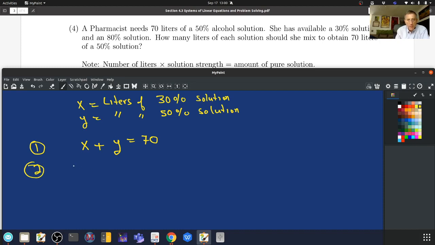So that gives me 30 divided by 100 of the x liters, plus 80 divided by 100 y, and that's going to give me a 50% solution of my 70 liters.